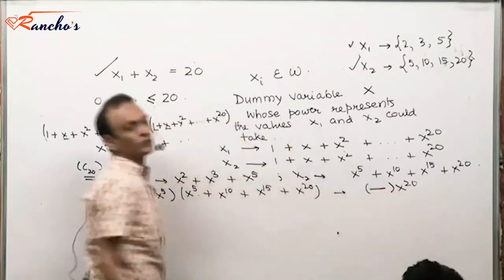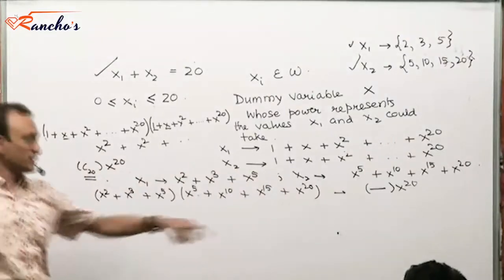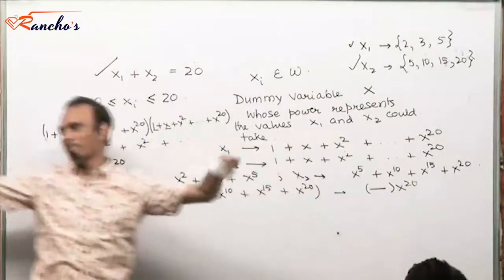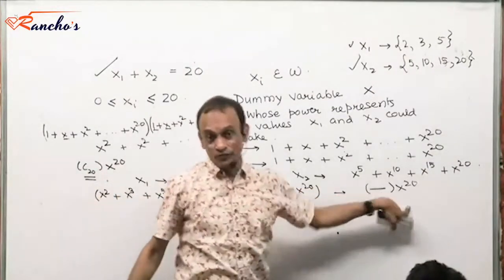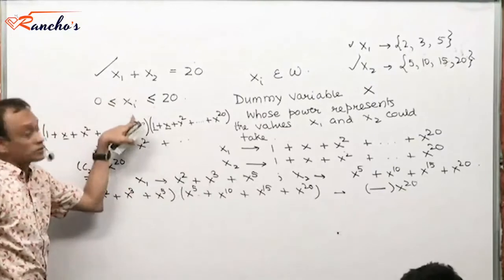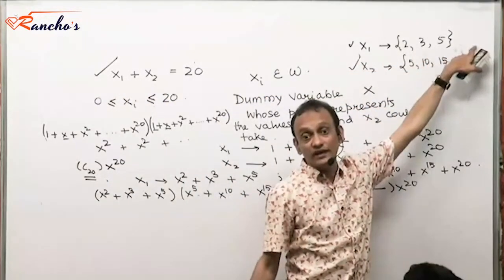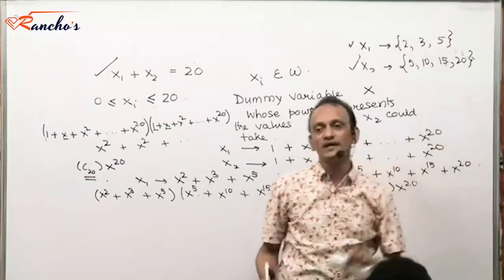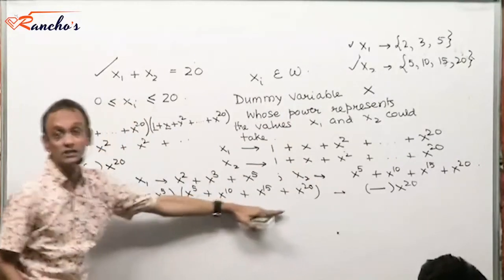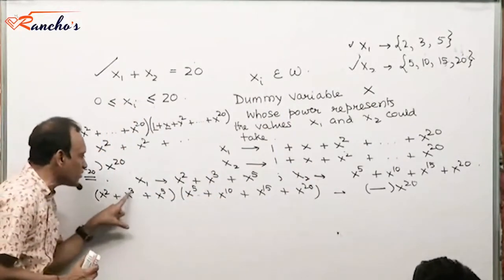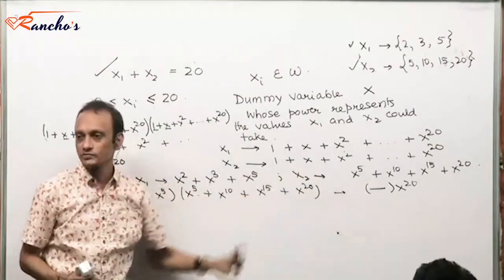When I multiply this out, x power 20 will appear in a certain number of ways, which is its coefficient. The coefficient of x power 20 would be the number of whole number solutions to this equation, given that x1 is allowed only these values and x2 is allowed only these values. Yes or no? So in this fresh multiplication, which restricts x1 and x2 to take only these values.